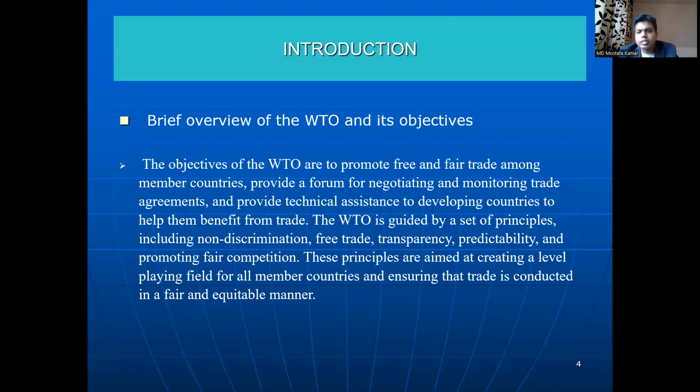Besides this, the World Trade Organization is guided by a set of principles, including non-discrimination, free trade, transparency, predictability, and promoting fair competition. These principles are aimed at creating a level playing field for all member countries and ensuring that trade is conducted in a fair and equitable manner.